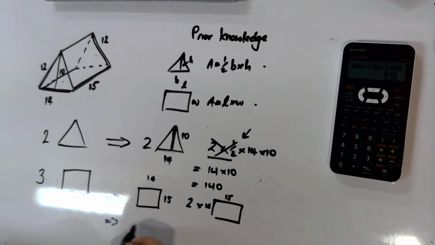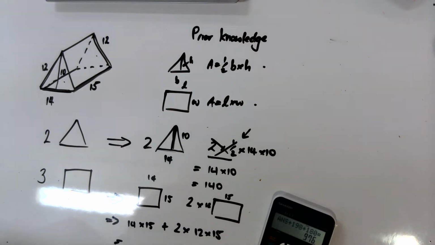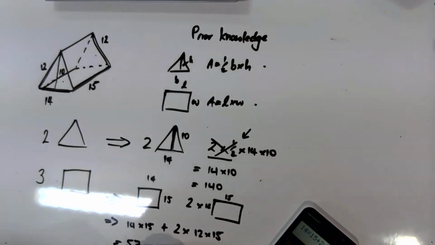So if I was going to do this, it'd be 14 times 15 plus 2 times 12 times 15. And if we add these all together, in total, the whole thing answers 570.